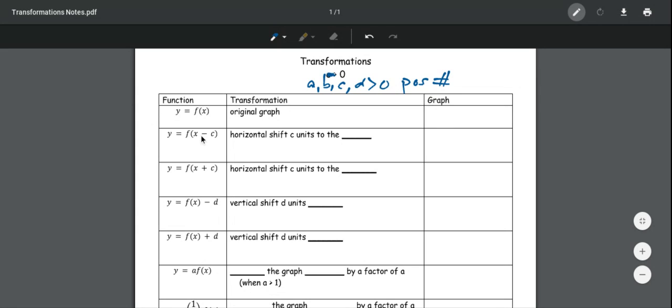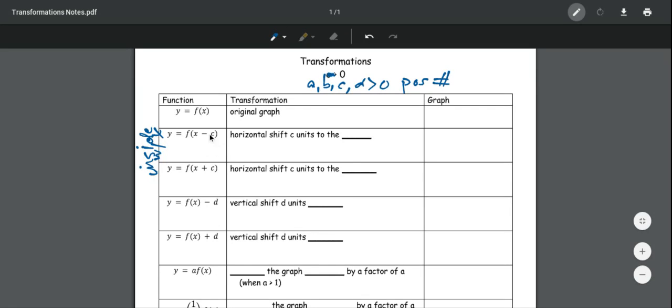When we do f of x minus c or f of x plus c, this is inside the graph. And so we want to say that this is inside, that we're adding, and that is with x. So when the change is inside with x, that means it moves in the x direction.